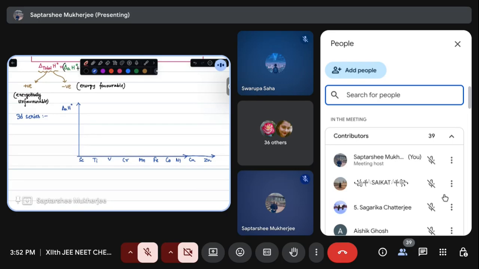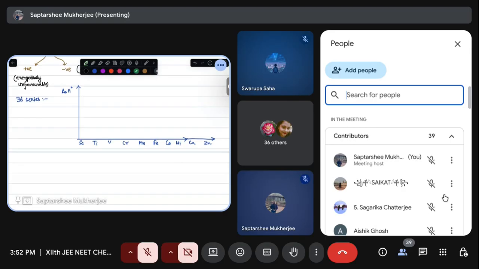As the graph suggests, initially it will keep on increasing. Vanadium will have the highest enthalpy of atomization, then chromium, and so on, and then zinc will have the lowest value. A merely qualitative diagram.